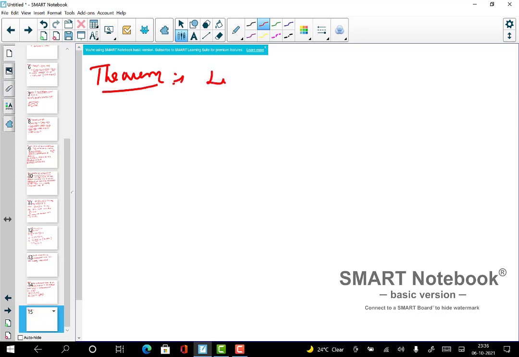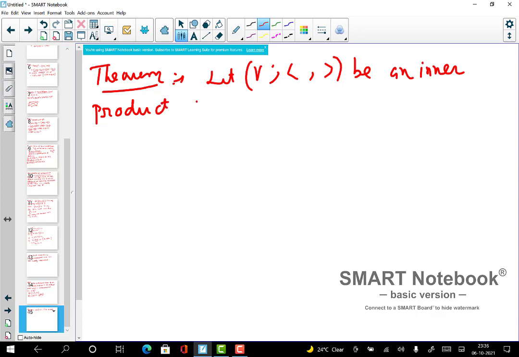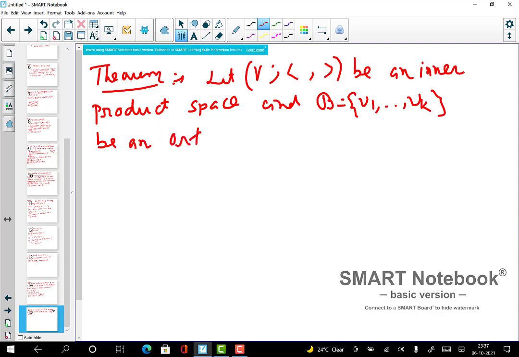So suppose this be an inner product space, and suppose we have some vectors here, v1, v2, ..., vk, and they are orthogonal.